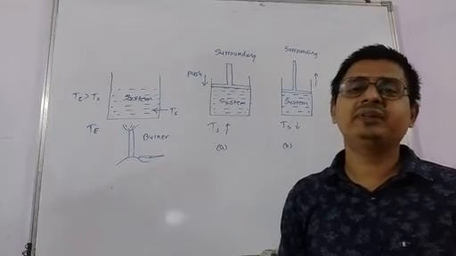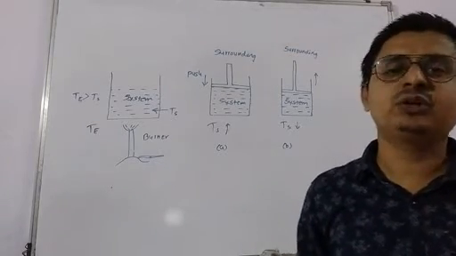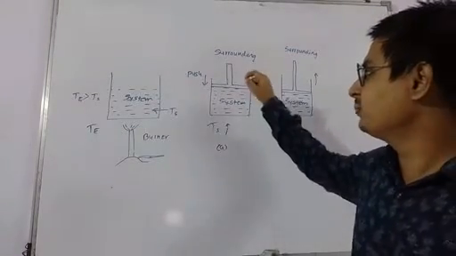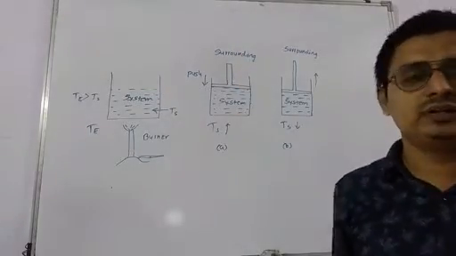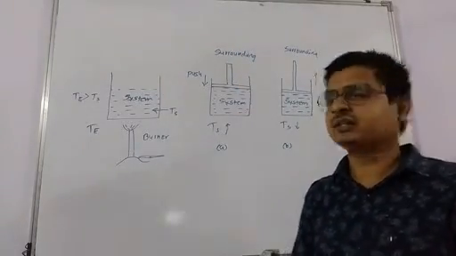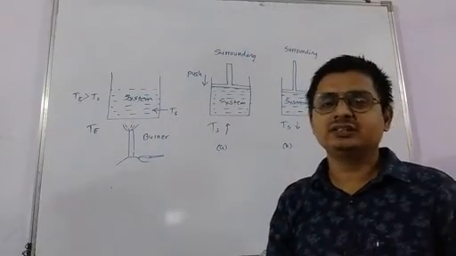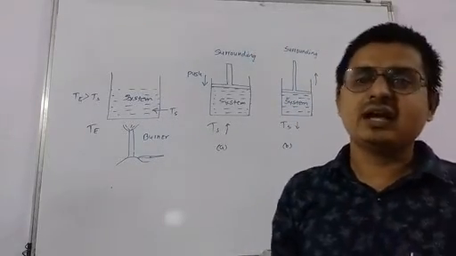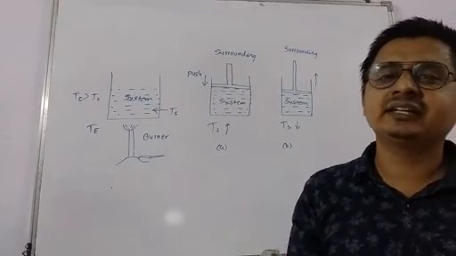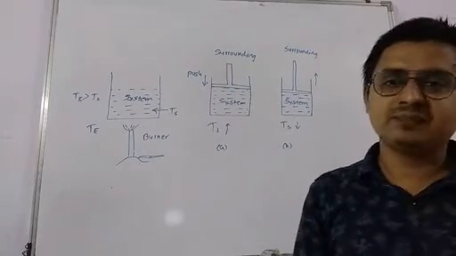So what will be the result when it is pushed downward or upward? When the piston is pushed downward, there is work done from the surroundings on the system, which results in an increase in the temperature of the system.